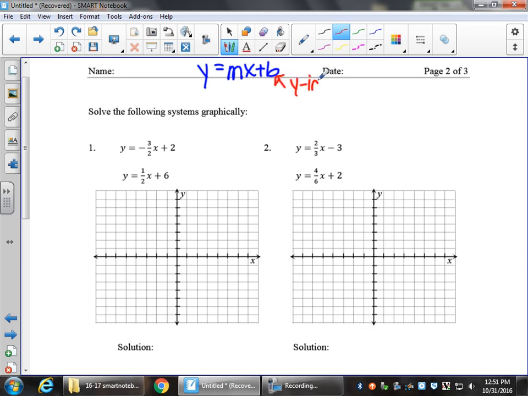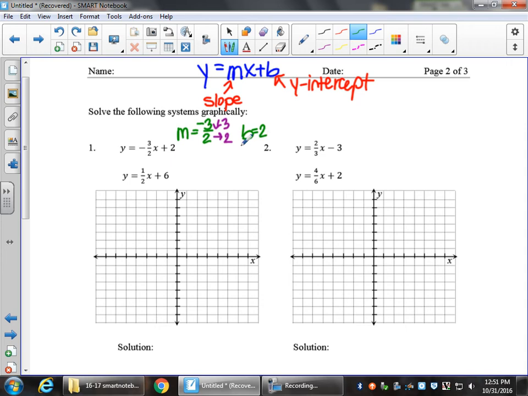This is what I'll use first. M is my slope. I'll use that second. So for example, in number 1, this first equation, m is -3/2, which means down 3, right 2. And b is a +2.